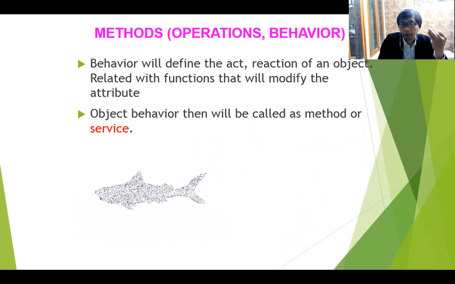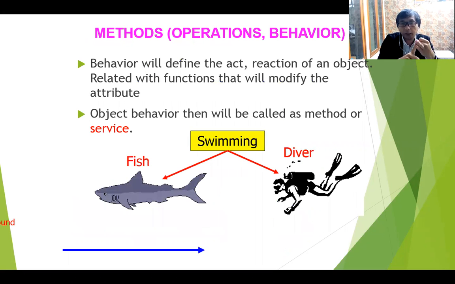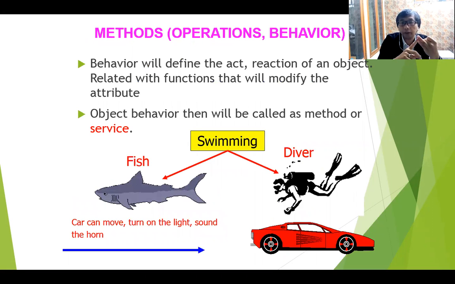And what about the methods of an object? A method usually describes the behavior that will define the act, or the activity, of the object. It can also define a reaction of an object, so it is related to a function, and it can also be a related activity that will modify the attribute of the object itself.